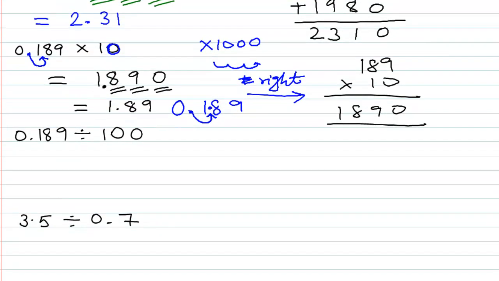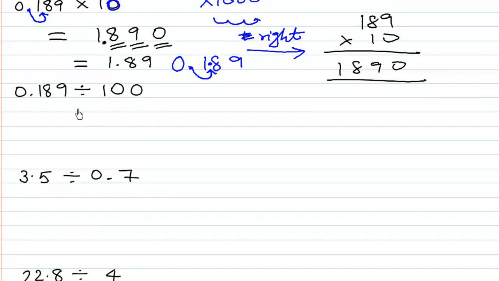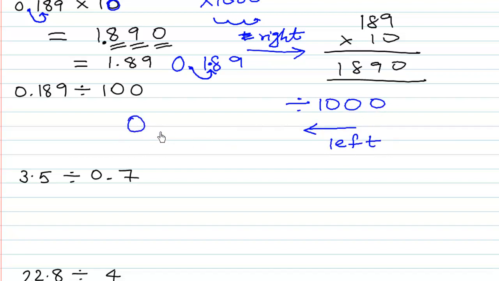So let us now go to the next sum. How shall we divide 0.189 by 100? When we divide by 10, 100 or 1000, we shift the decimal point towards the left by that number of places. So over here, in 0.189, we need to shift this decimal point towards the left, thereby making the number even smaller.